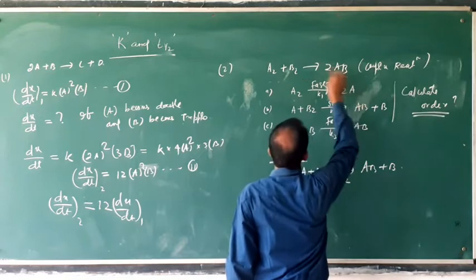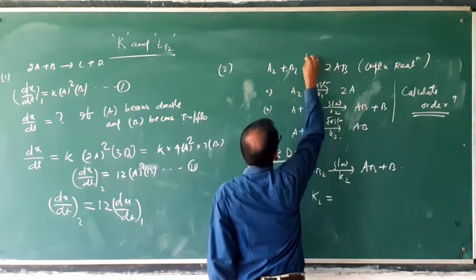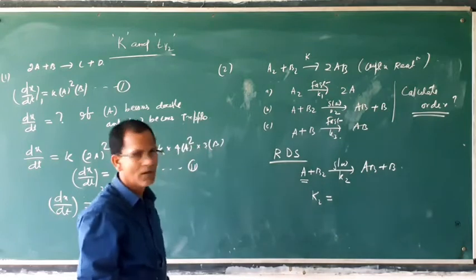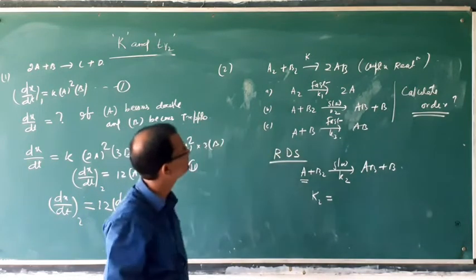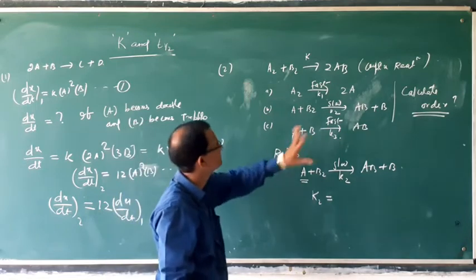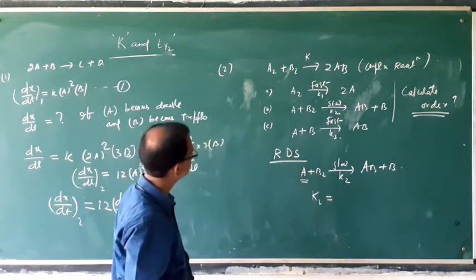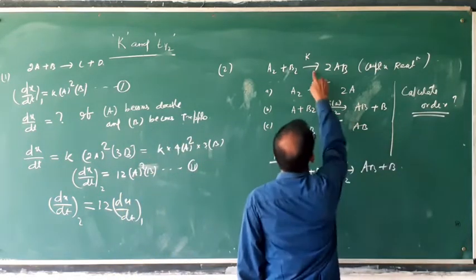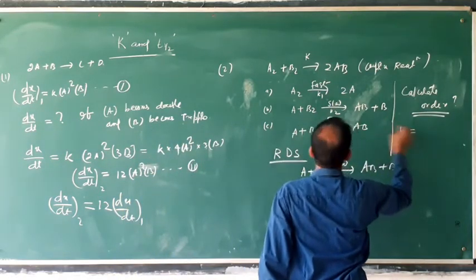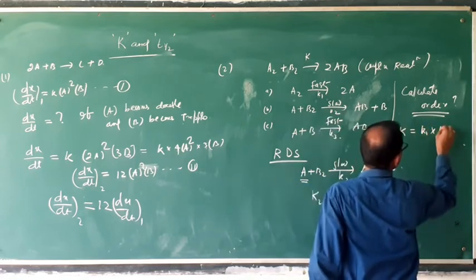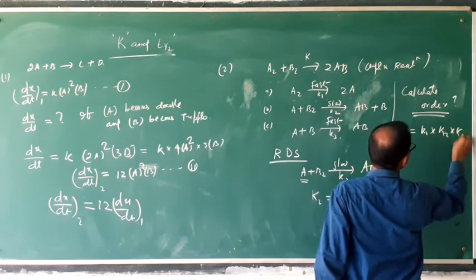If the overall reaction is K, if you combine these, you will get the whole reaction: A2 plus B2 changes to 2AB. But this K is equal to what? The final K is equal to K1 into K2 into K3.